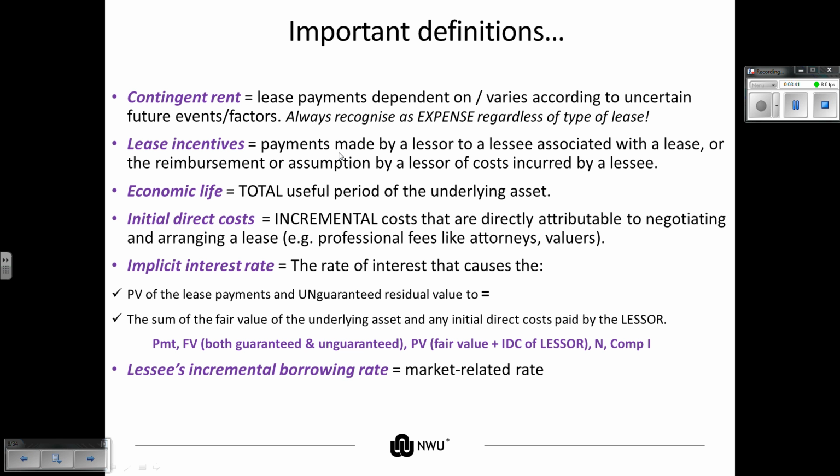They want to make it more promising for the lessee to enter into this lease transaction, so they will maybe make promises or reimburse the lessee or make payments to the lessee. The economic life of the asset will be the total useful period of the underlying asset. Initial direct costs will be incremental costs that are directly attributable to negotiating and arranging the lease. So you had to incur these costs in concluding the lease agreement.